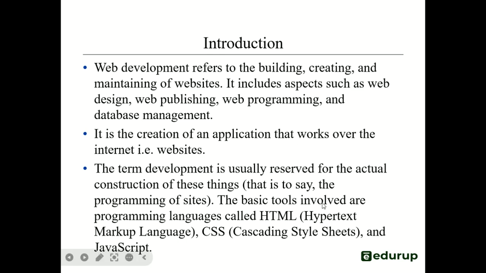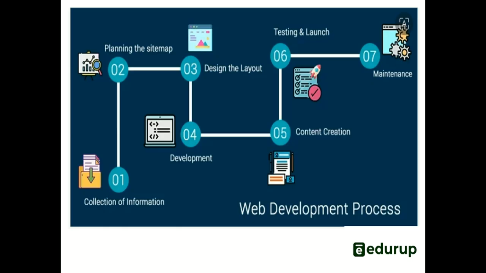The basic tools involved are programming languages called HTML, CSS and JavaScript. HTML is Hypertext Markup Language and CSS is Cascading Style Sheets. And one more we have, that is JavaScript. These are the front-end languages involved in web development. Got the point now?